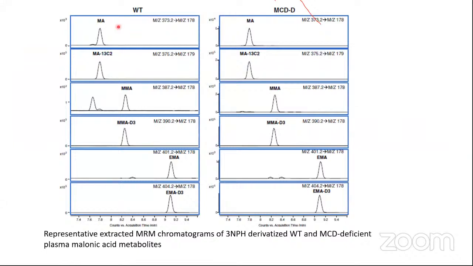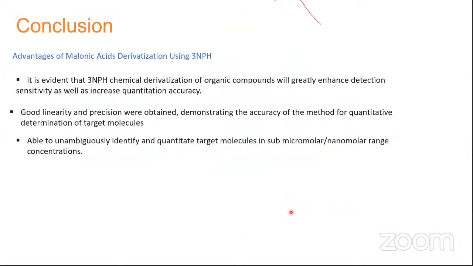We have used two types of plasma, wild type plasma and malonyl-CoA decarboxylase deficiency mice. Here you can see the elution of malonic acid and malonic acid 13C2 at the same retention time, and methyl malonic acid with methyl malonic acid D3, and ethyl malonic acid with ethyl malonic acid D3. You can see nice chromatograms, high accuracy and quantitation.